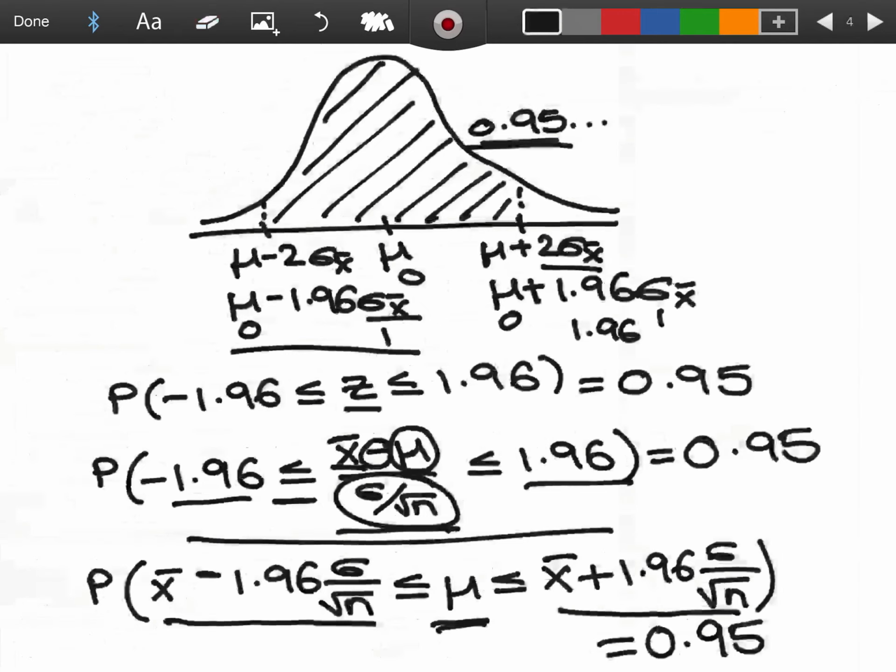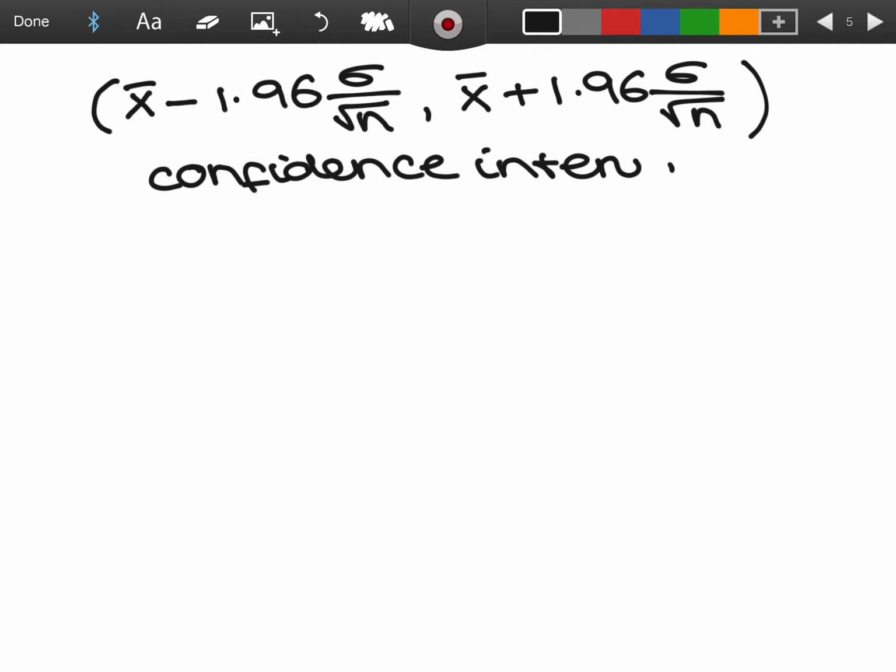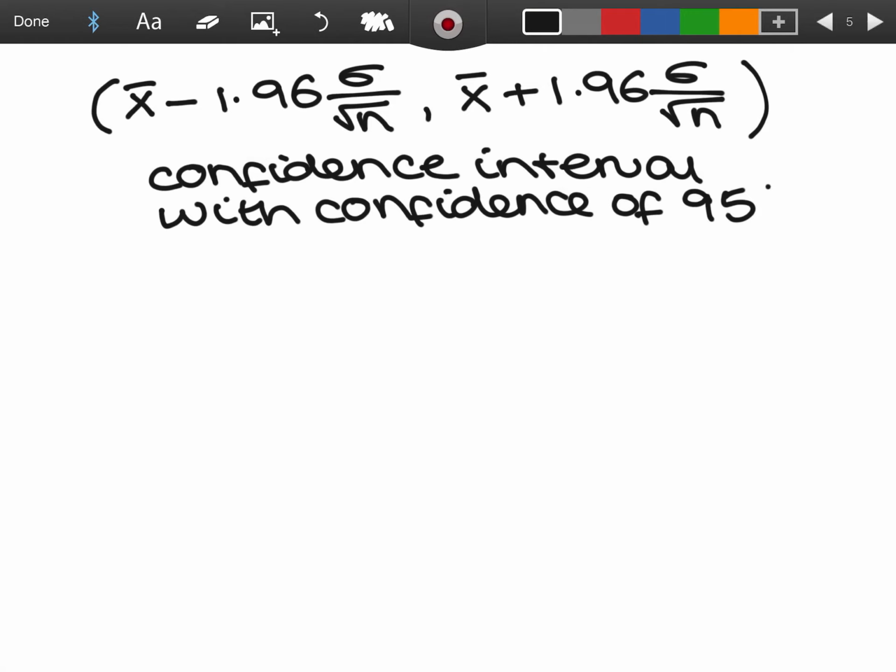Because that is how confident we are, we call this interval a confidence interval, in this case with confidence of 95%, because we are 95% confident that our population mean will lie in that interval.